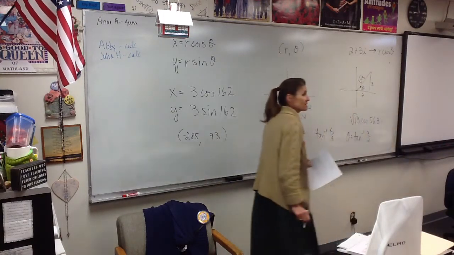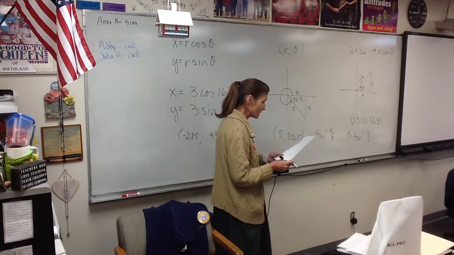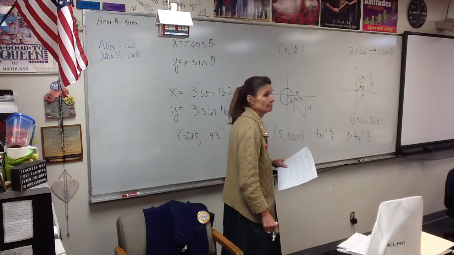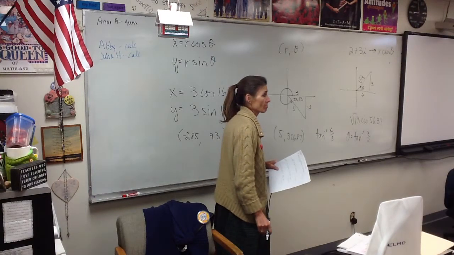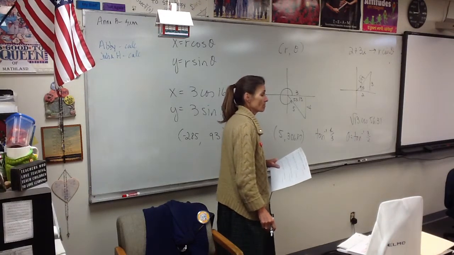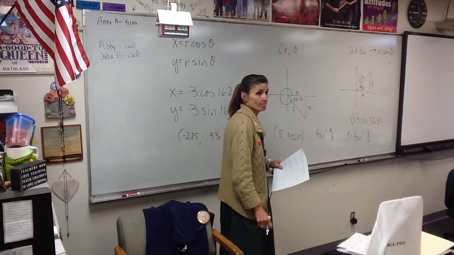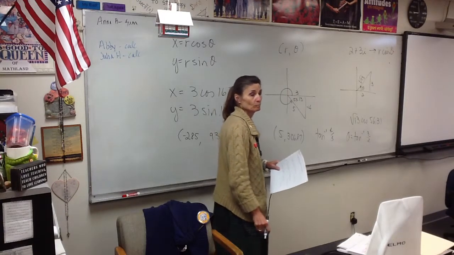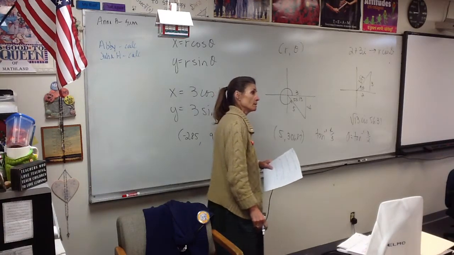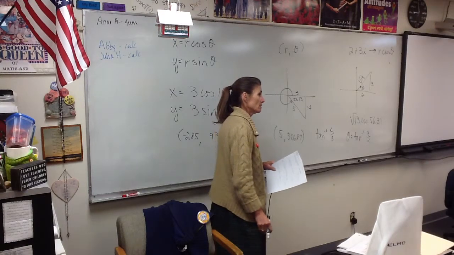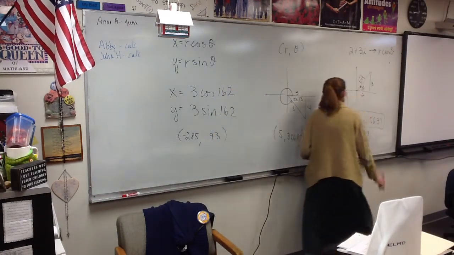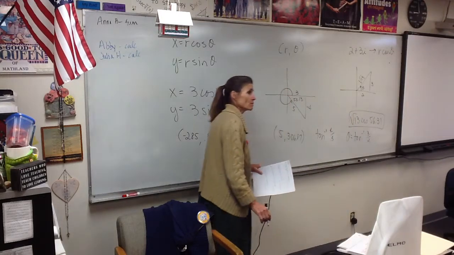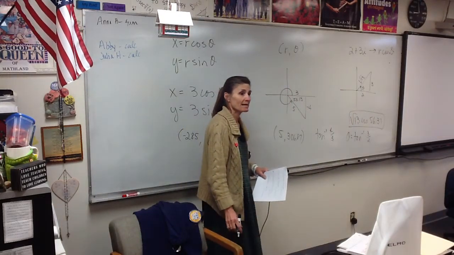And again, because that's in quadrant 1, we don't need to make any adjustments to it. Got it? That's the answer. When it says polar form or trigonometric form, you want CIS.